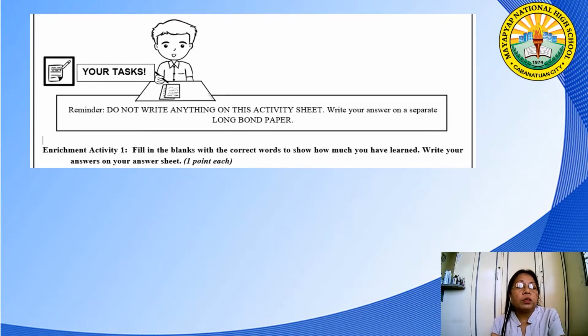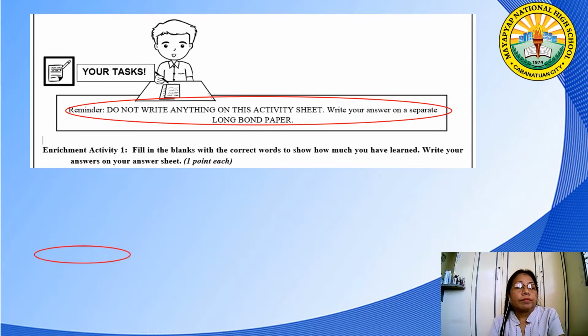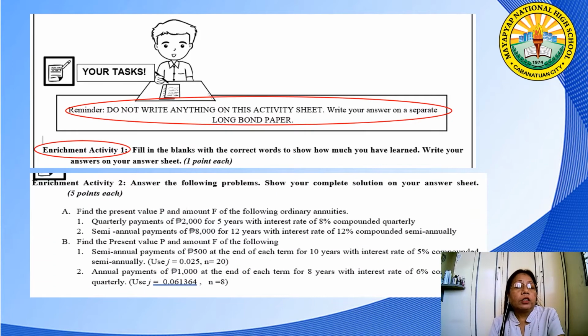Write your answer on your answer sheet, and it gives 1 point for each item. For enrichment activity 2, answer the following problems. Show your complete solution on your answer sheet. It gives you 5 points for each problem.